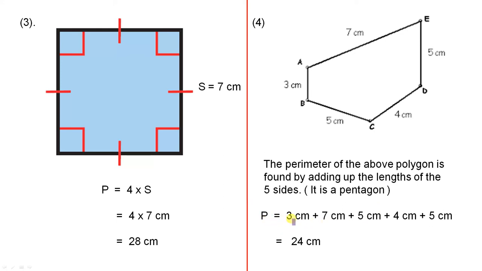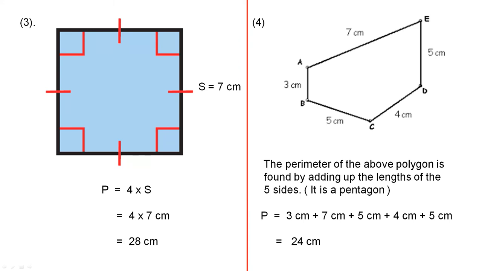So the perimeter will be the addition of those 5 lengths, which represent the lengths up here. 3 plus 7 is 10, that's 15, 19, 24. So the perimeter is 24 centimetres.